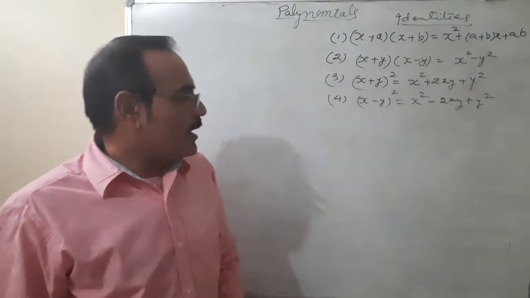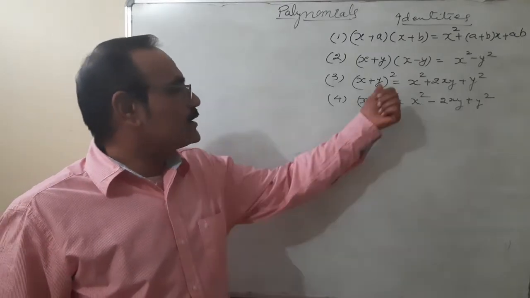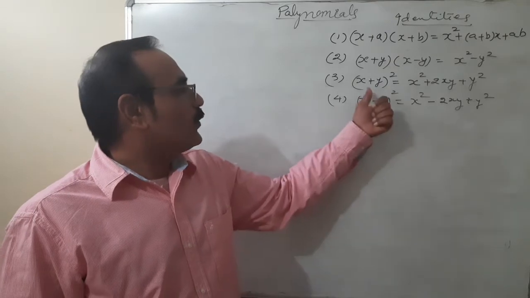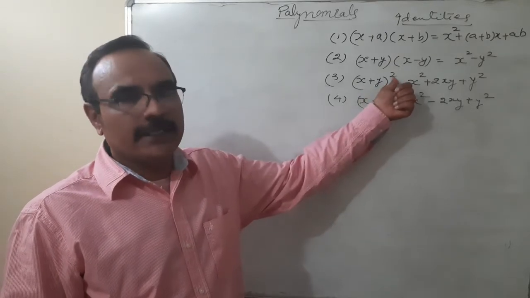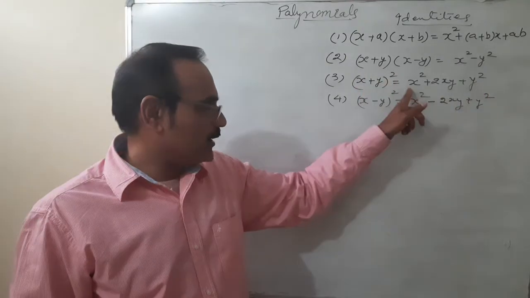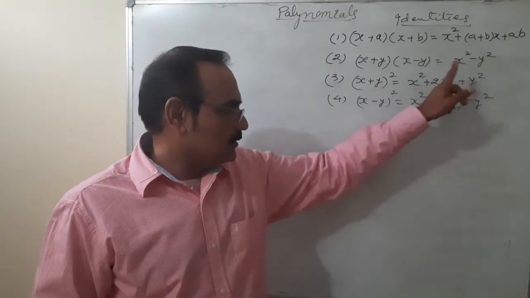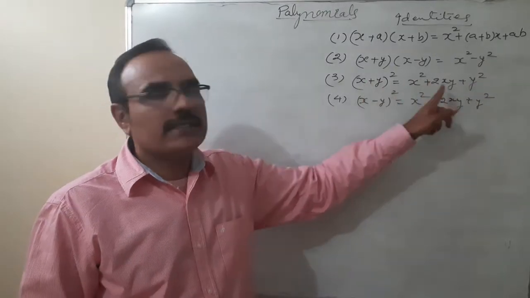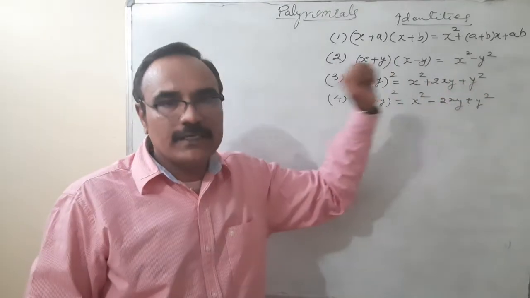Friends, as per my past experience, I can tell you that the boys make mistakes in these two identities, especially in this format. When (x plus y) whole square is there, all three terms are positive: first term square plus second term square plus 2 multiplied by first term and second term. That is a plus identity.